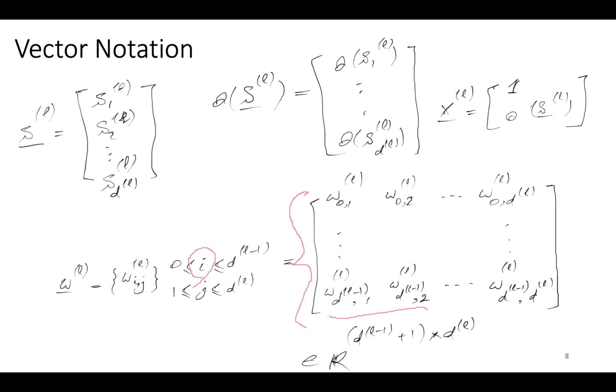And here would be from WD L minus 1 of L up to WD L minus 1 D of L. Okay? So that's why all of those are inside the R space of D L minus 1 plus 1 multiplied by D of L. Okay? Is that clear?